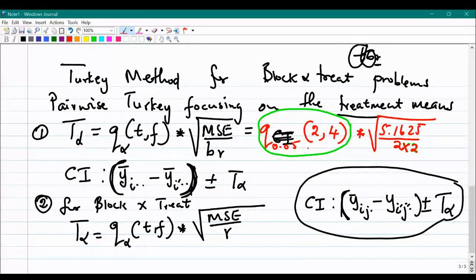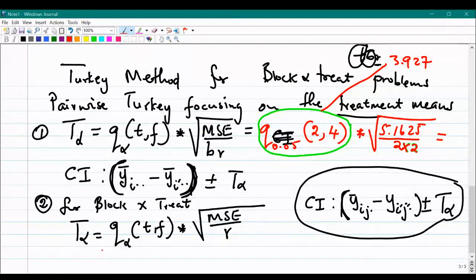So I was saying, what is the tabulated value? It's 3.927. Can someone confirm this value, 2 and 4 from the studentized range table? Yes, it's correct. So you calculate, and then you do the comparison. You need the absolute values.